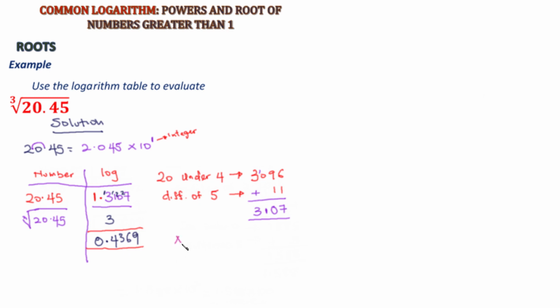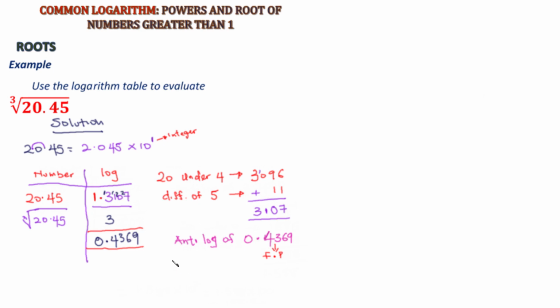The antilog of 0.4369. And I told us that for antilog you only use the fractional part, FP, fractional part. Then the integer will come in after getting your value from the anti-logarithm table. Now let's bring out the fractional part.